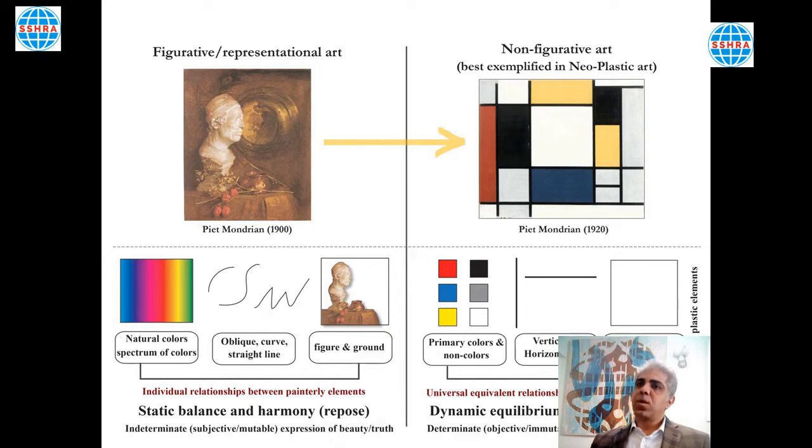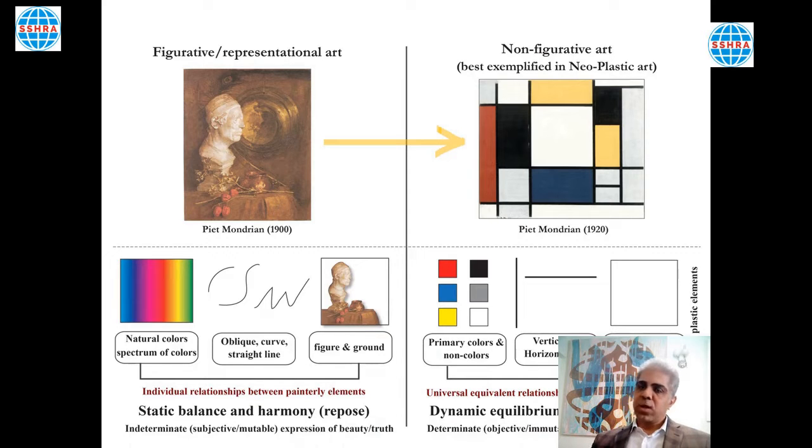It is all created by vertical and horizontal lines, primary colors, and what we call non-colors, I mean gray, black, and white. He reduced or eliminated all the representational and expressive elements in the painting to express universal beauty as truth, as he said, or a universal equilibrium or harmony in the painting.